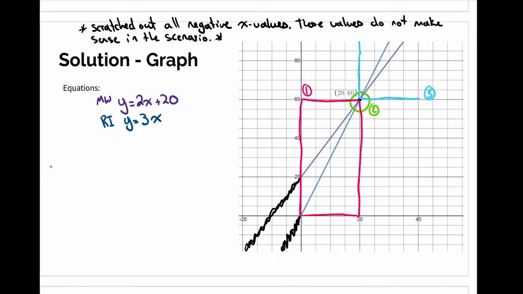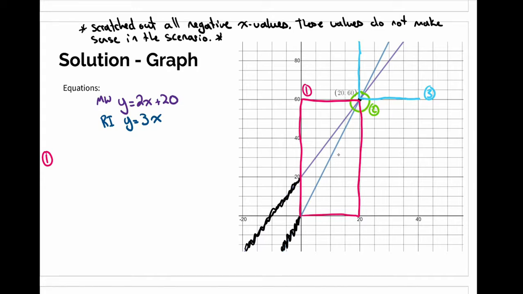So looking at the first solution, if I look at these 2 lines here, everything in this red box, I can see that Ri, or the blue line, is the cheaper option. You can tell because it's the lower line. We know our y-axis is dealing with money, our x is dealing with number of rides.